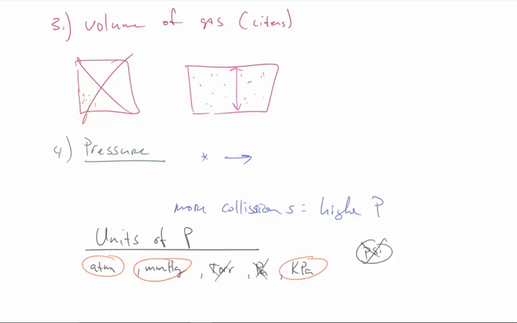The conversion between them, I'm just going to give as one long conversion here: 1 atm is equal to 760 millimeters of mercury, and that's also equal to 101.3 kilopascals. These are the conversion factors that we will use to convert from one type of pressure to another.